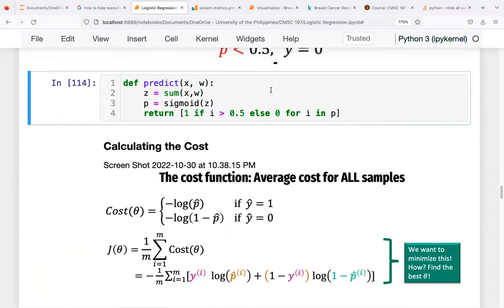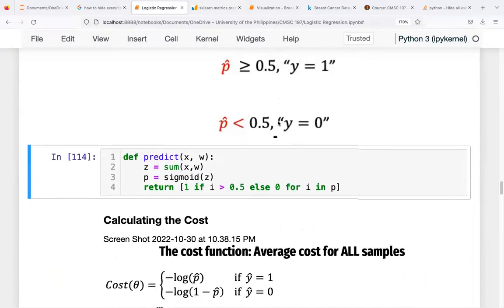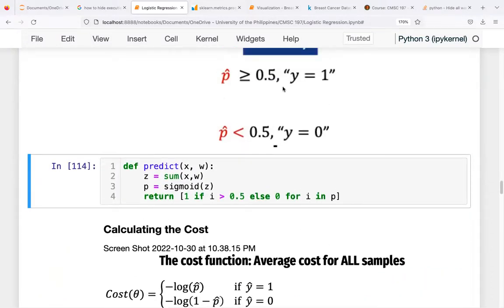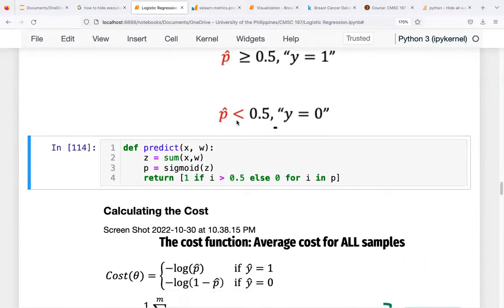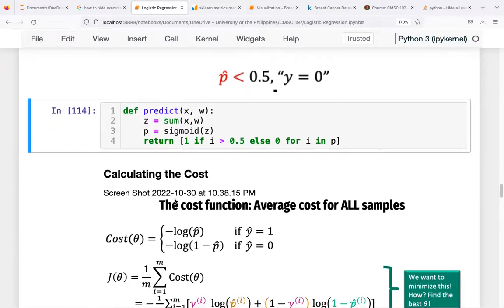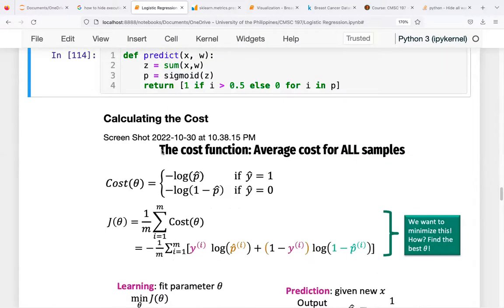Okay. And now, after computing the probabilities, in order for us to assess this, we must calculate the cost. And the cost function is simply the average cost for all samples. For logistic regression, the cost is log loss or binary cross entropy loss. So if the predicted y is equal to 1, and this is just for a single instance, okay?